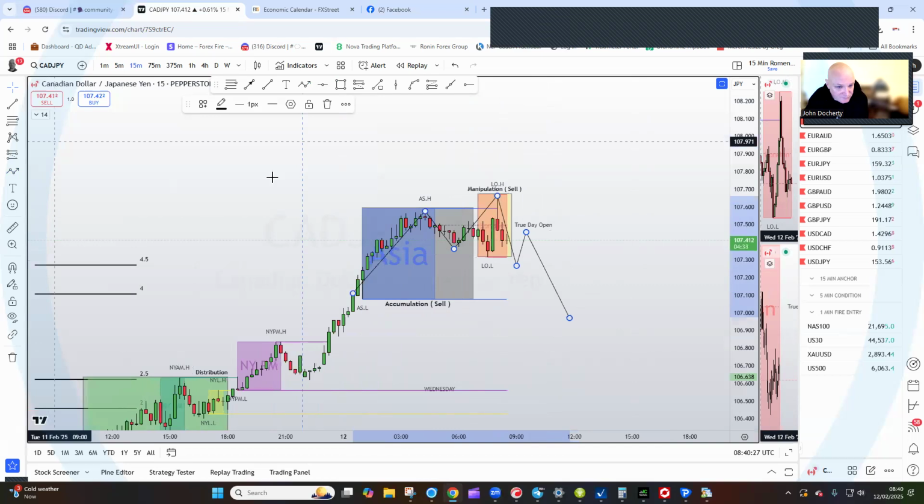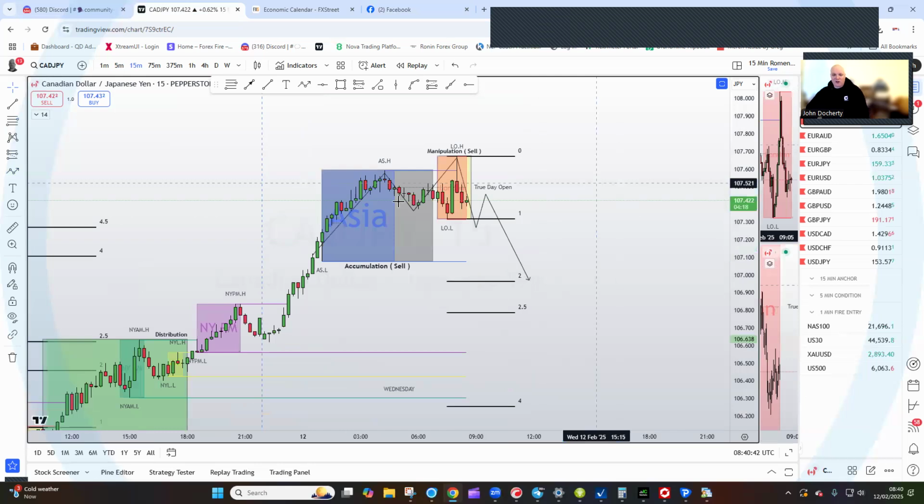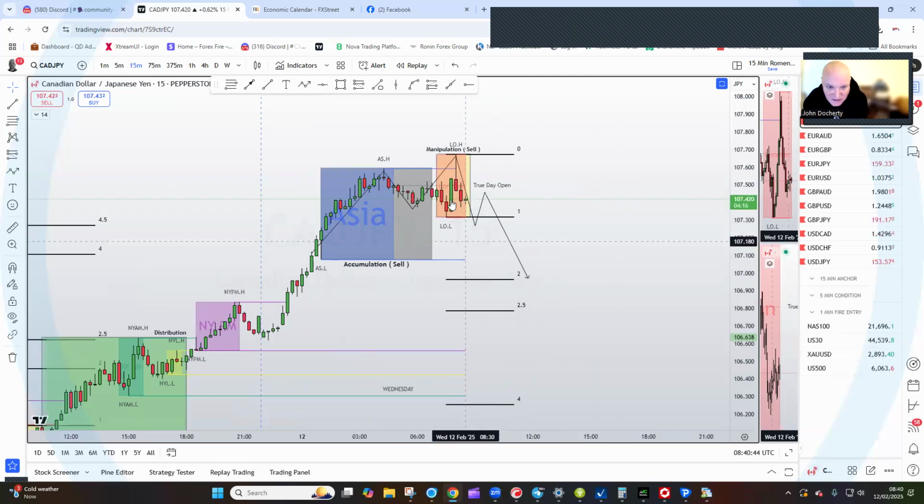Where did this come from? It came from right around about here, that's the level. What I'm waiting for is a delivery of price where it's going to leave an FVG on the sell side of things.